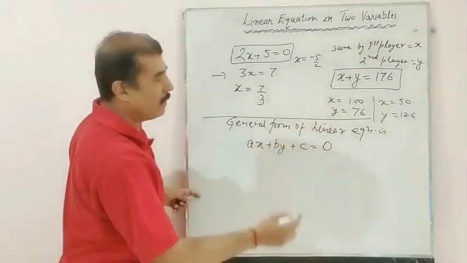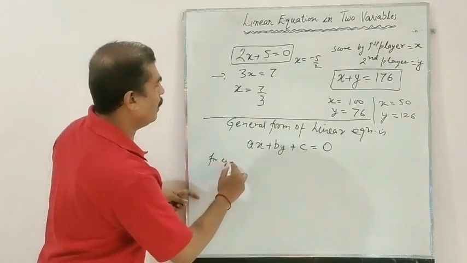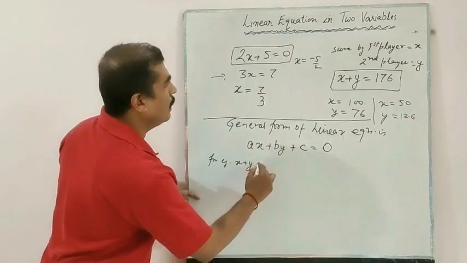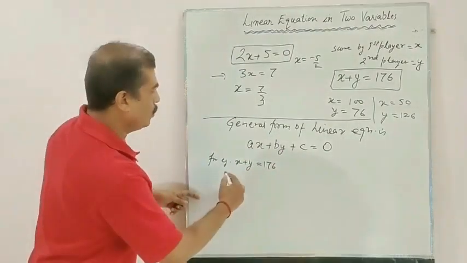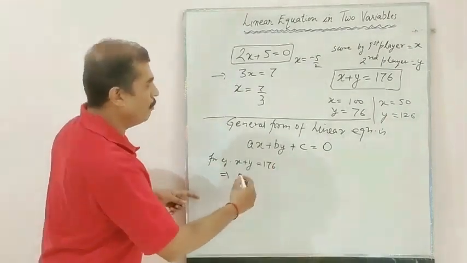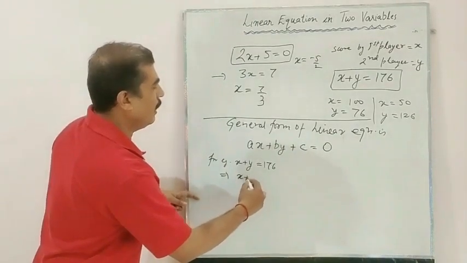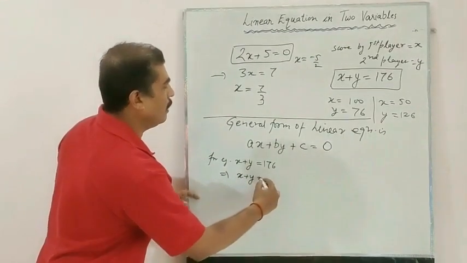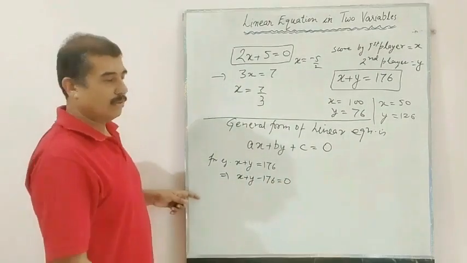If we take this equation, for example, x plus y is equal to 176, we have to represent this in general form. I transpose 176 towards the left side. It becomes x plus y minus 176 is equal to 0.